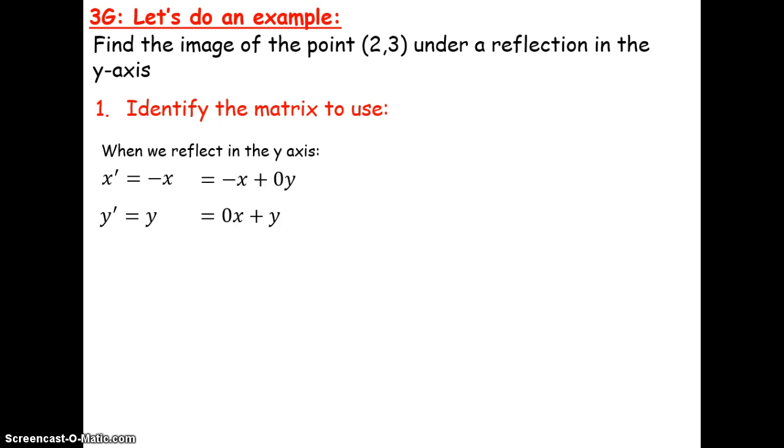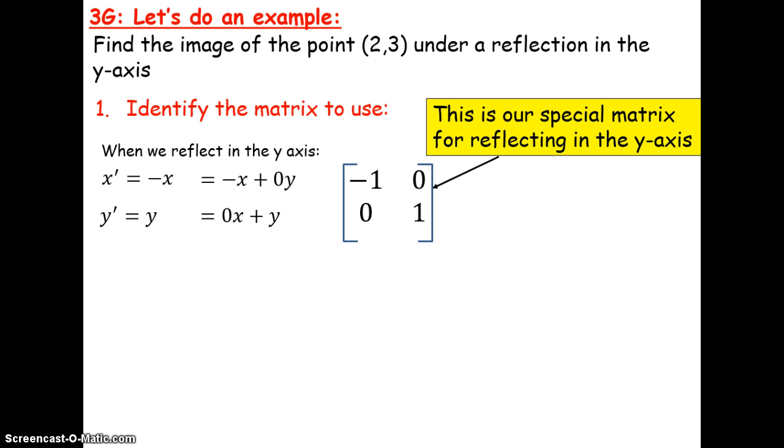We get our equations of negative x plus 0y and 0x plus y. And then we can create a matrix, which is negative 1, 0, 0 and 1. After a while, you'll be good at just knowing which ones to use. This is our special matrix for reflecting in the y-axis. So that's the one we just want to know that that's what we use for reflecting in the y-axis.